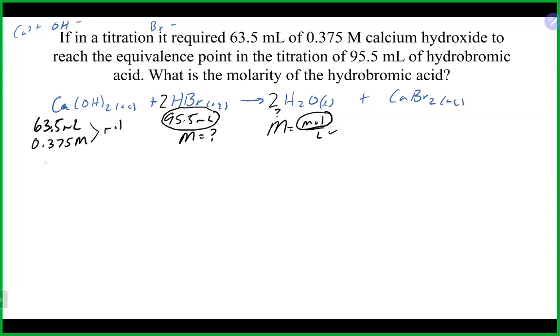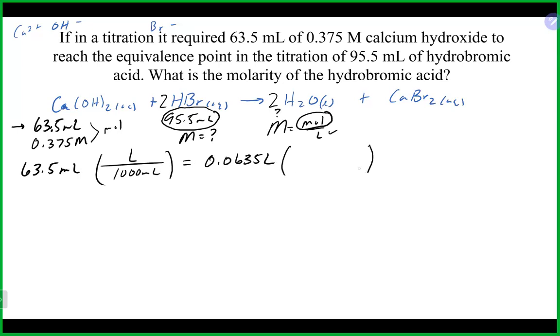Once again, just like in the last one, we got to convert our volume here into liters. So 63.5 milliliters, 1,000 milliliters is a liter, going to get us 0.0635 liters. We then can use the molarity, and once again, we'll get rid of the big M, and we will use it as 0.375 moles per liter.